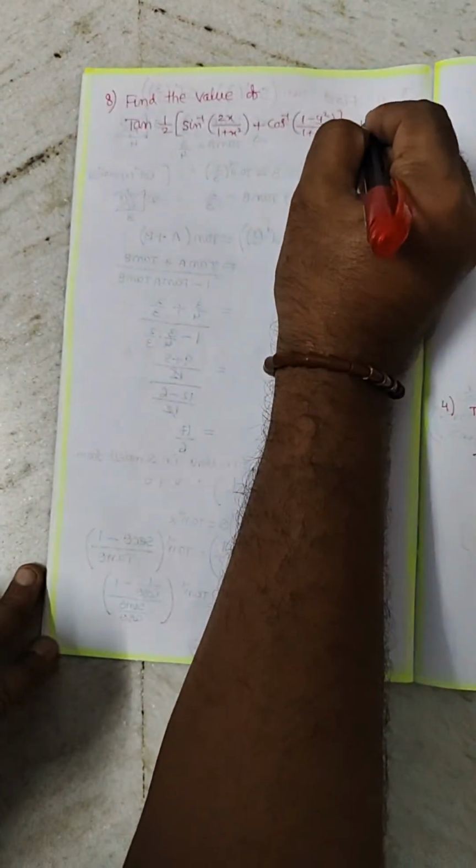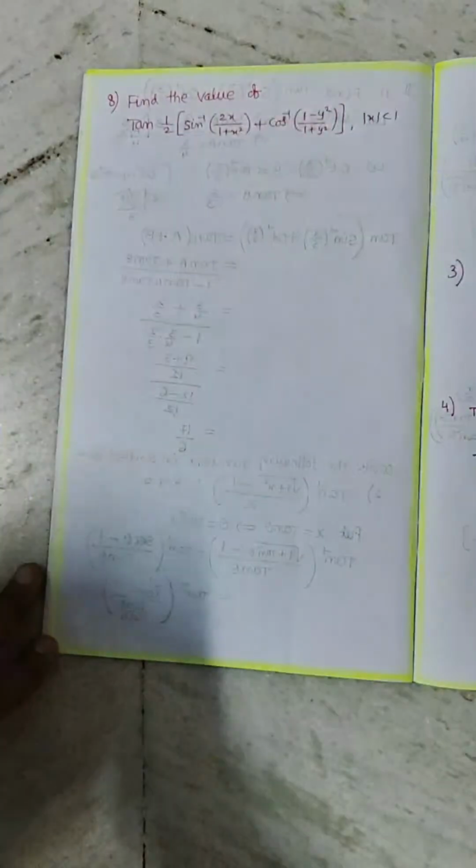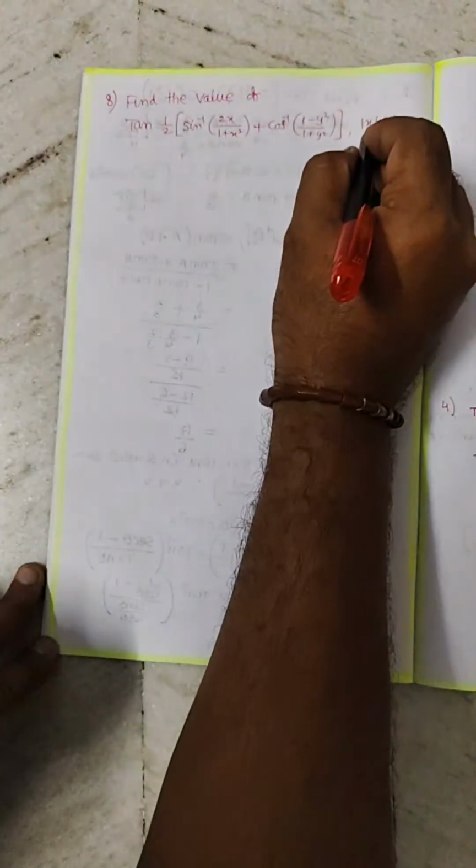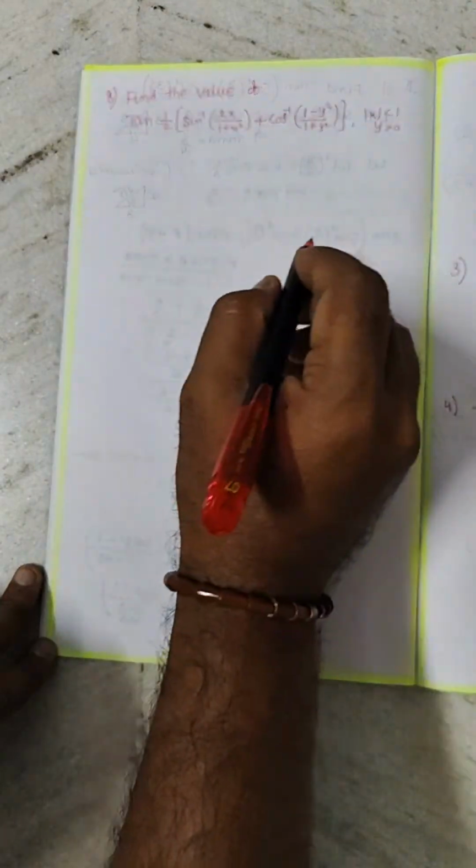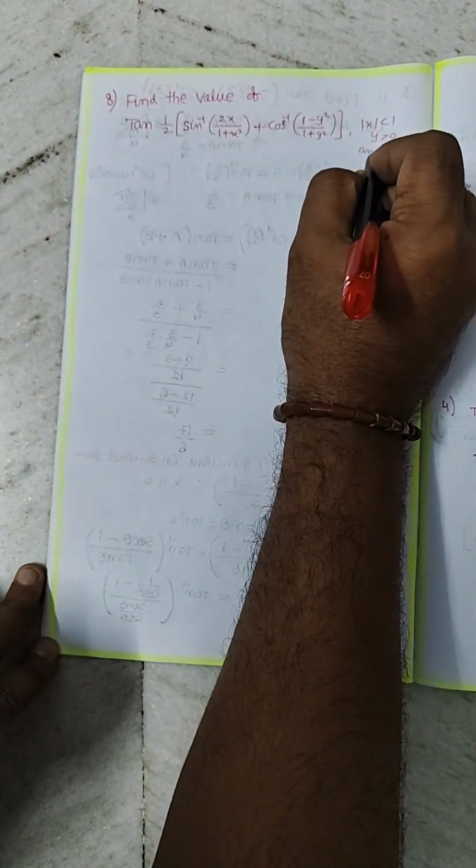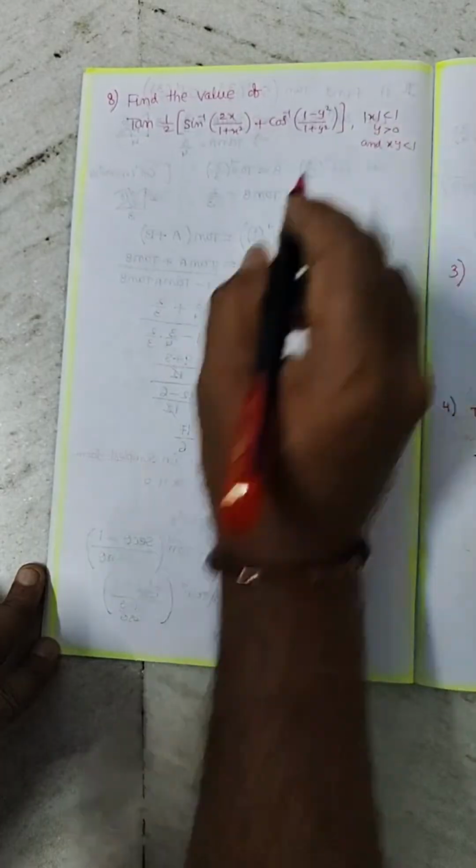Here conditions: mod x is less than 1 and y is greater than 0 and xy is less than 1.